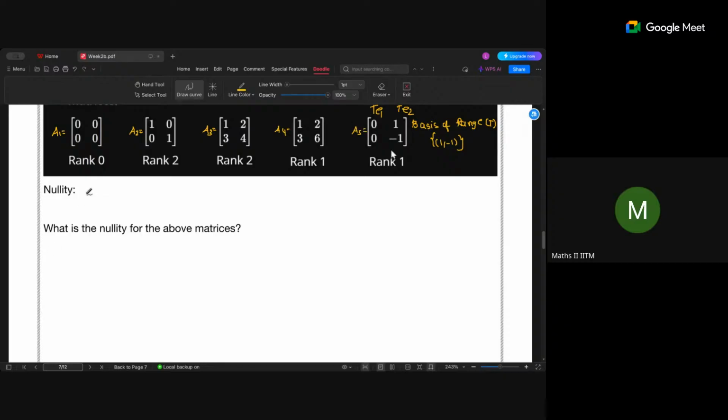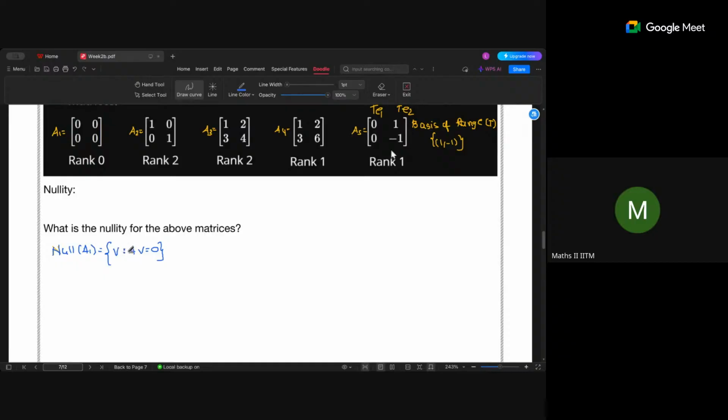So what is the null space of A1? How do you find it? It is the set of all V such that AV equals 0. For which V is A1V equal to 0?